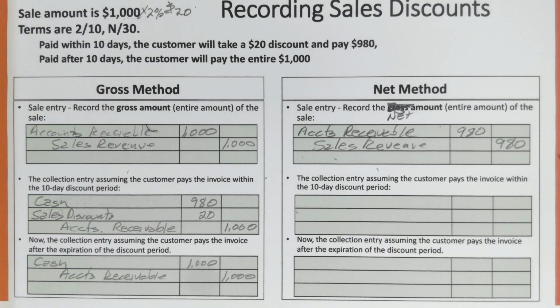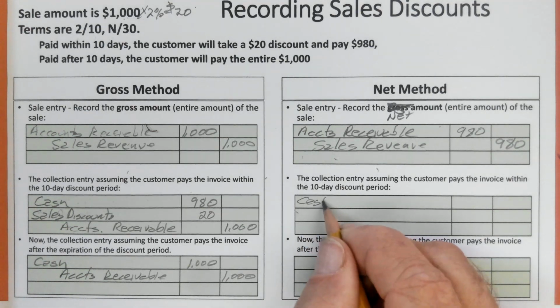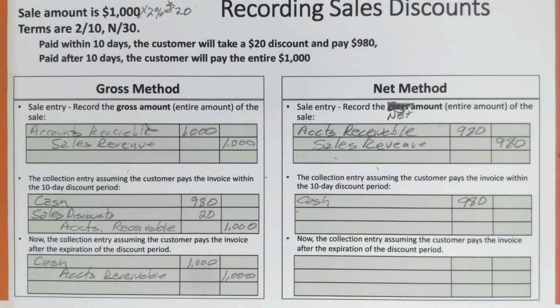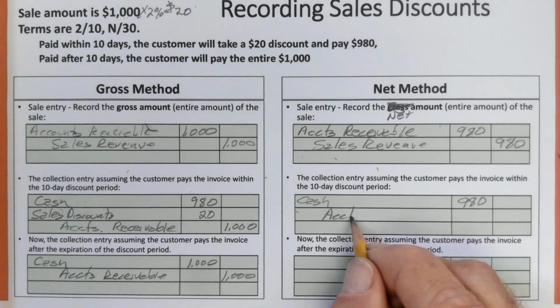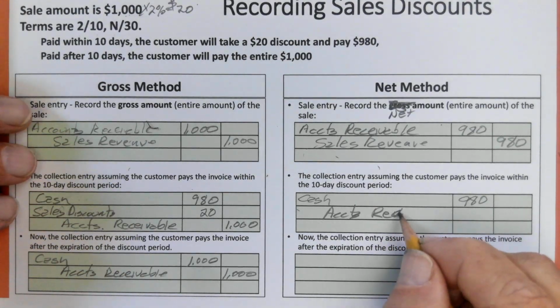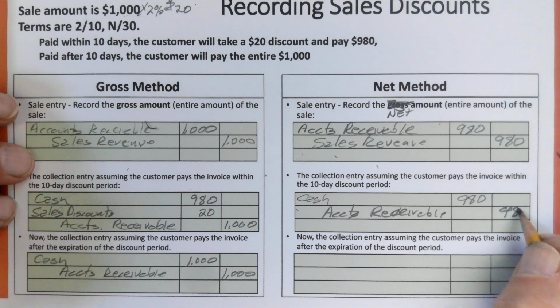So we're going to debit cash for the $980 that we get paid, and we will also credit accounts receivable for the balance that's in the account, which is the $980. There you go.